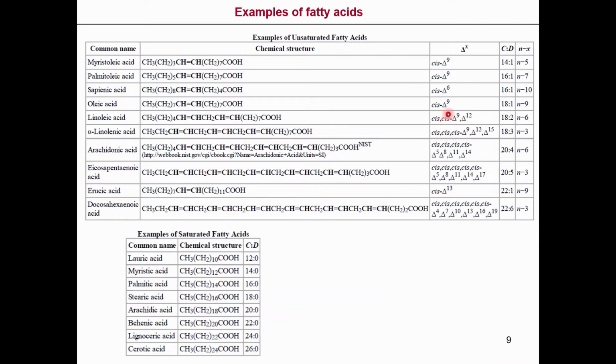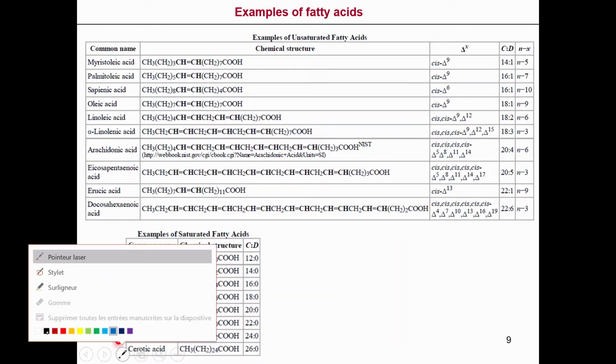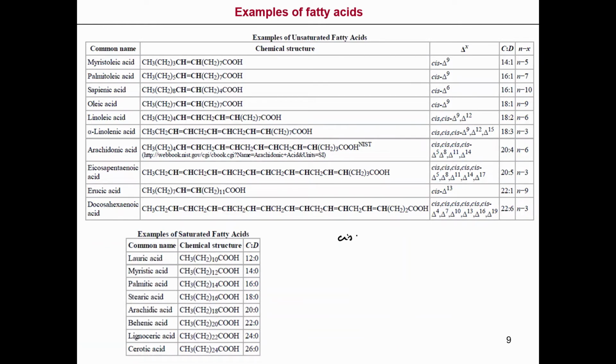Okay, and so on. For the cis, what it means is the stereochemistry of the double bond. It means that the 2 H are on the same side, and you can see the trans also. It means that the 2 H are in 2 different directions.